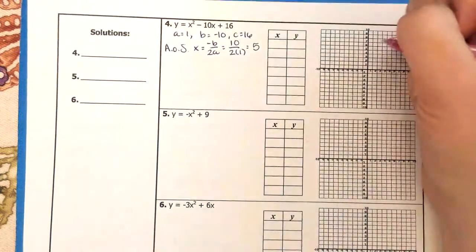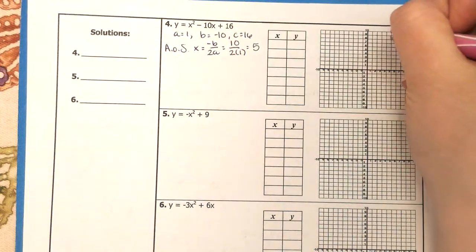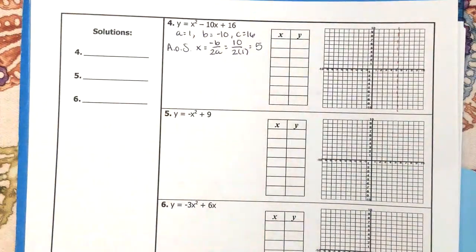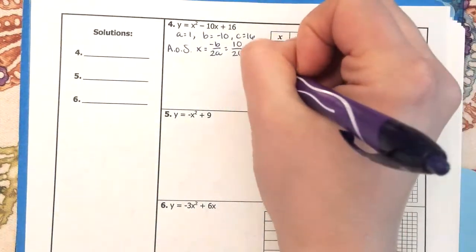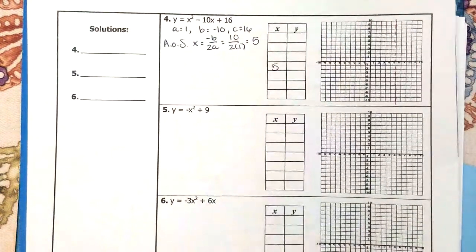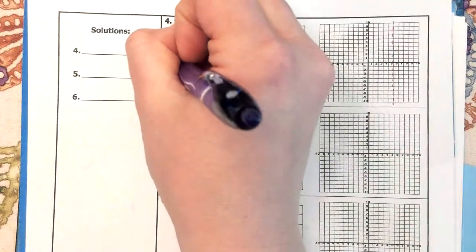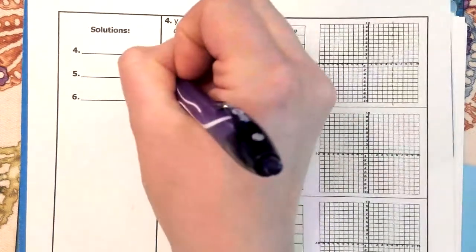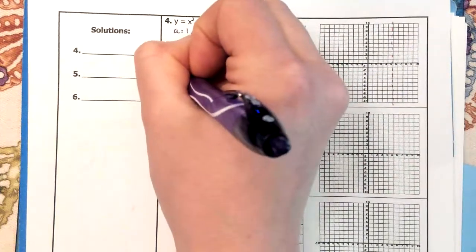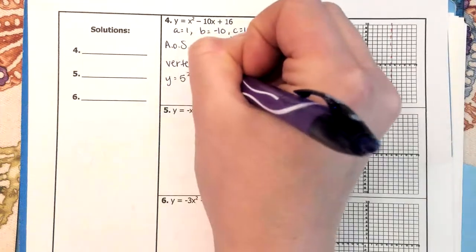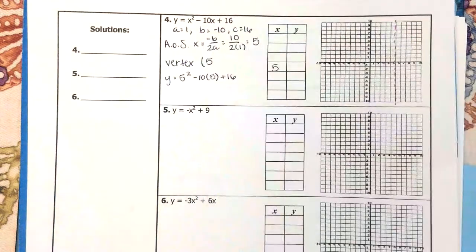So on my graph, I draw my vertical line through x equals 5. There's my axis of symmetry. That also goes in the middle of my xy table. Then finding the vertex, we've got the x-coordinate is 5. The y-coordinate is 5 squared minus 10 times 5 plus 16.